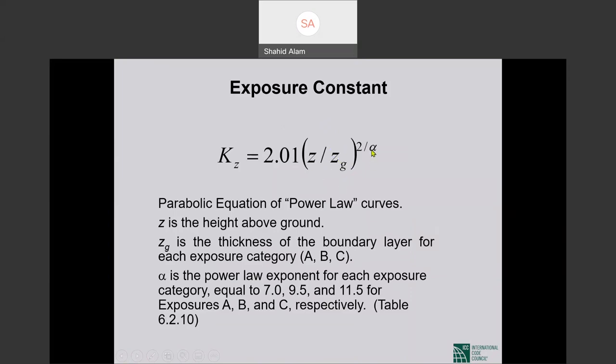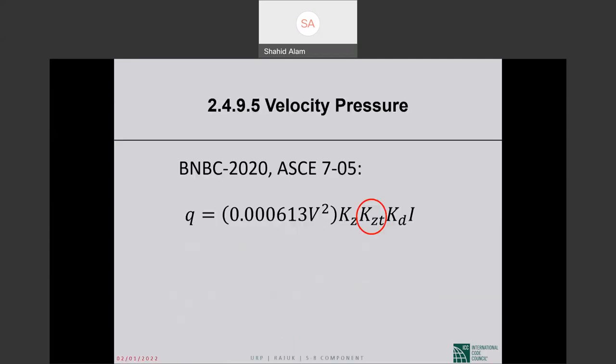Alpha is the power law exponent for each exposure category. That is given in the standard, equal to 7, 9.5, and 11.5 for exposures A, B, and C, respectively. These are Bangladesh exposures A, B, and C. So if we know our exposure category, we immediately know Z sub g and alpha, and then we have K sub z. We can calculate wind velocity at any height above ground of any exposure.